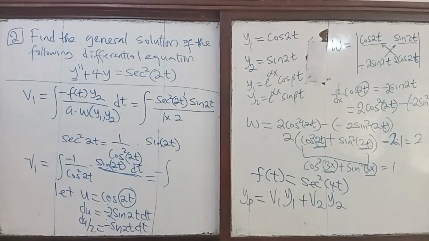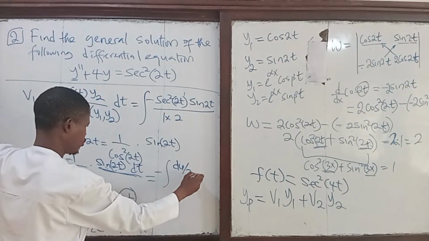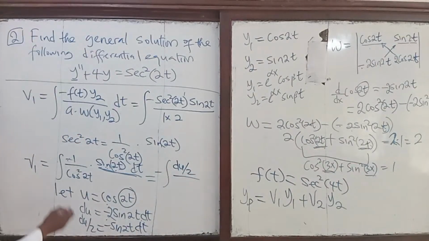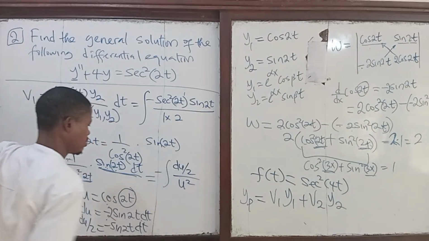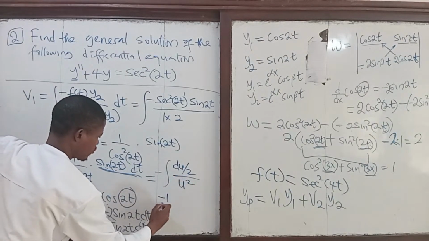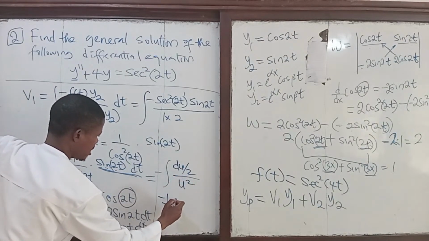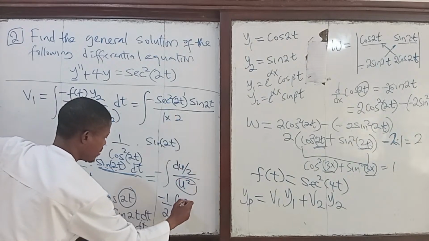So here, sine 2t dt is du over 2, all over u square, since cosine is u. Then these two can come outside, that's minus 1 over 2, and this one, raise it up, that will be u to the power minus 2.